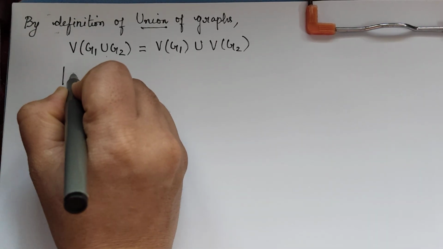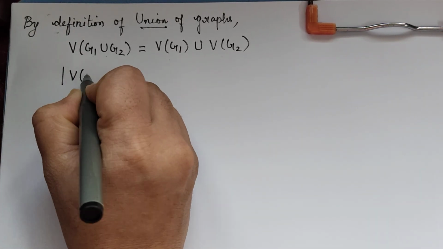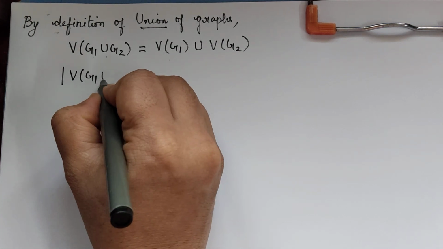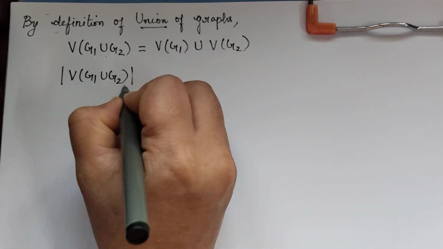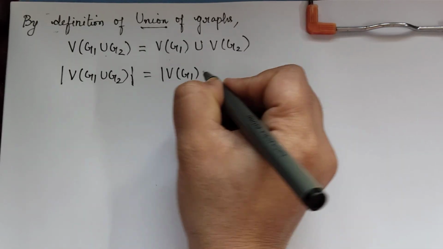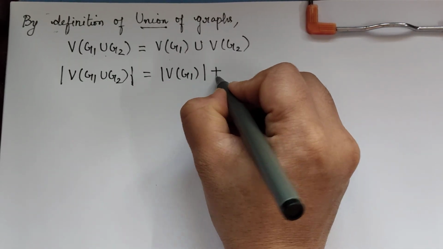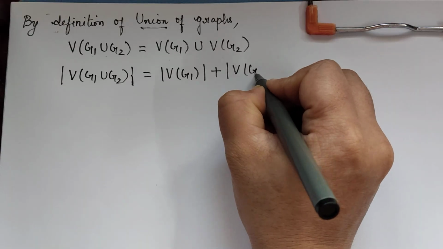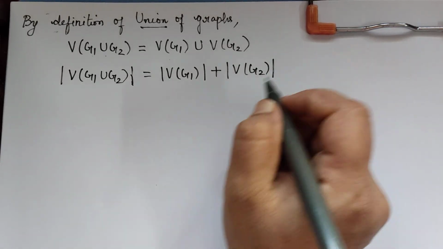So from this we can say that the cardinality of the vertex set of G1 union G2, that is the number of points, will be equal to the number of points of the graph G1 plus the number of points of the graph G2. So we have to add them.